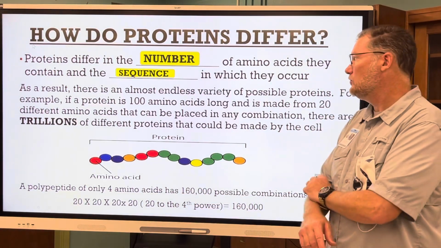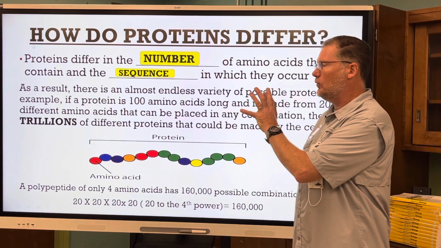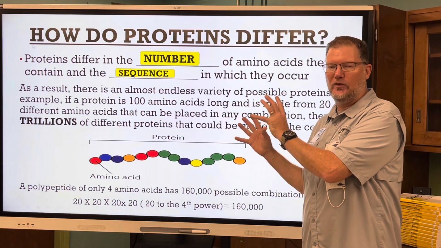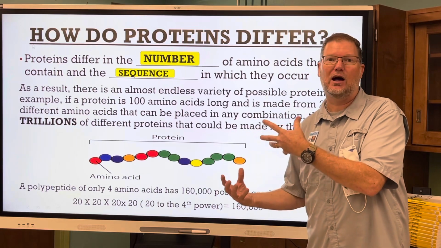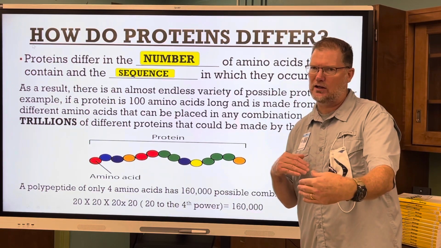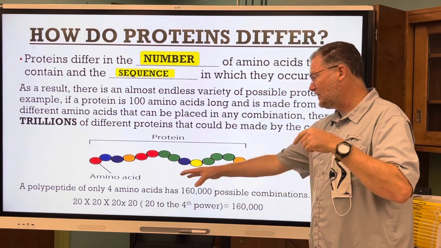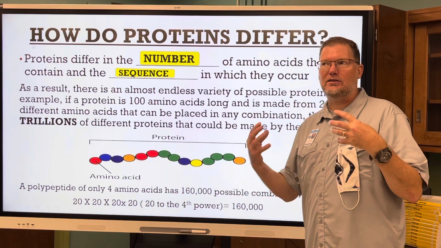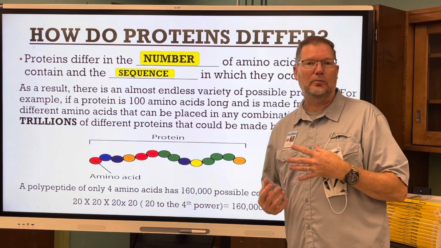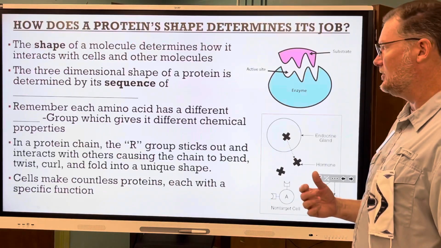That's pretty amazing. So the vast complexity of life is based upon this ability to make these different combinations. And what's amazing is the DNA, which we'll talk about in the next section, is responsible for setting these up in the order that they're in so that they can do the job in your body that they need to do. It's quite a neat system.